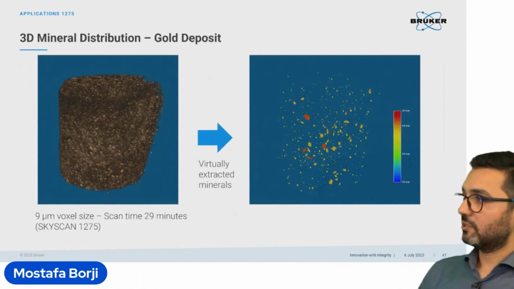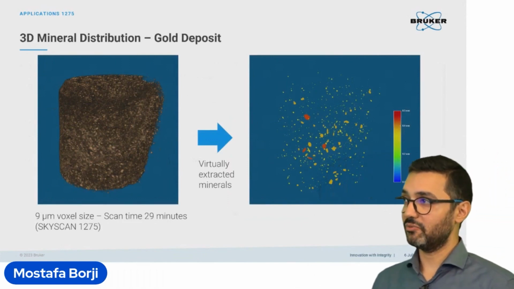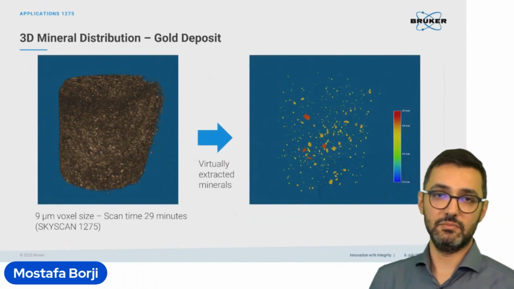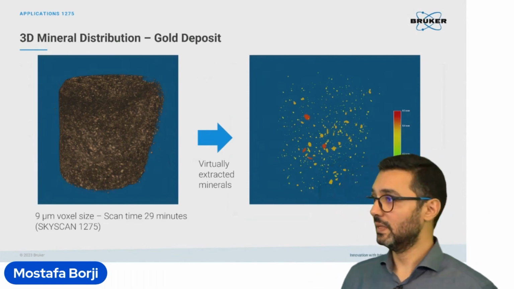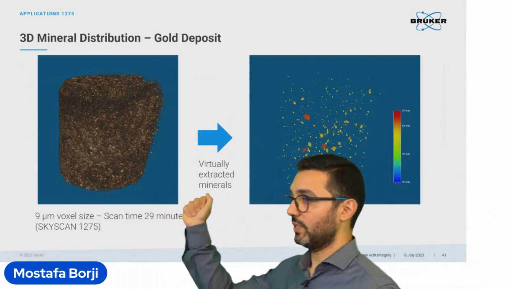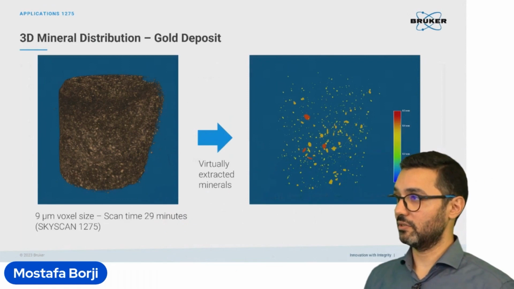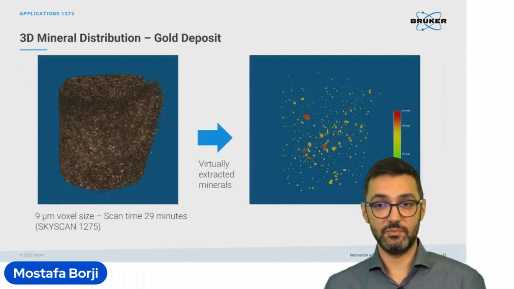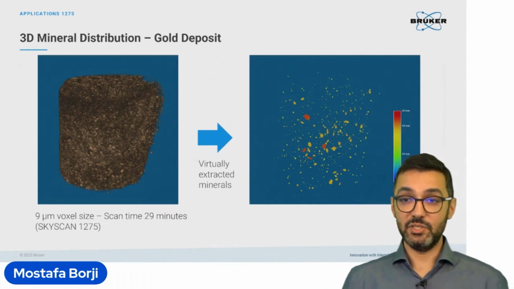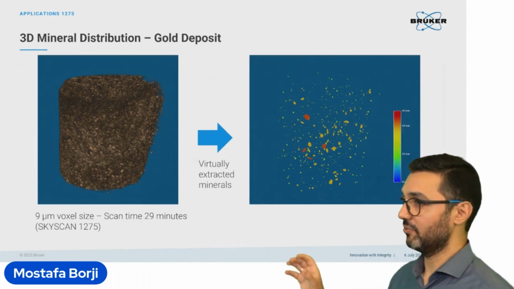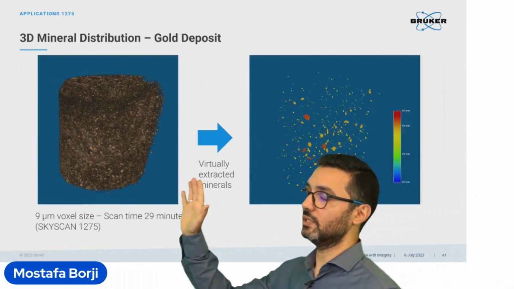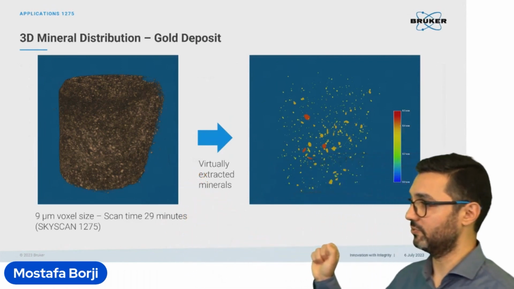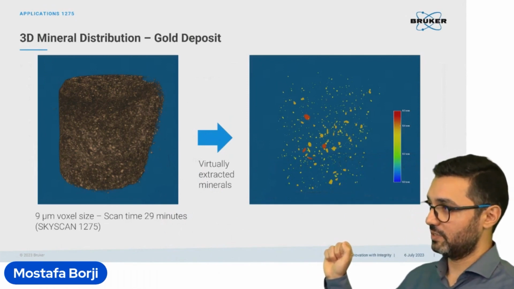The very first example that I have for you here is a gold ore. On the right-hand side, what we can see is a 9-micron voxel size scan, which is done by 1275 in 29 minutes. Here we have a 3D rendered volume of this sample.